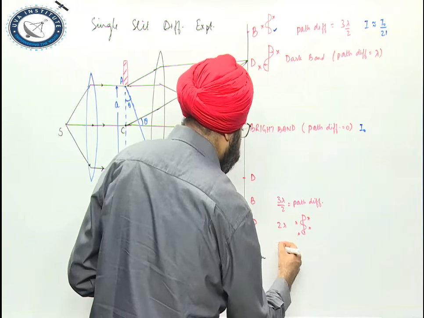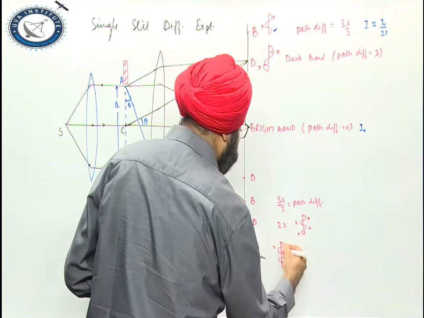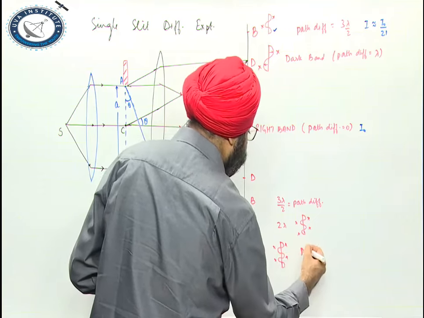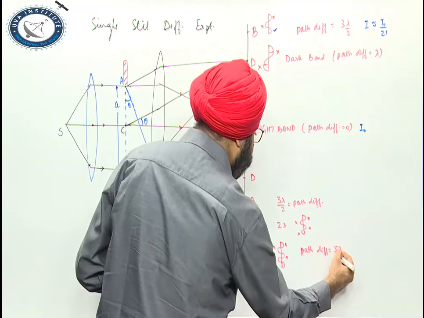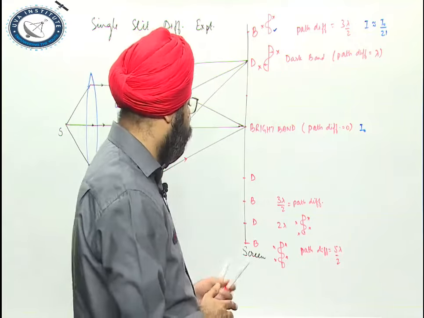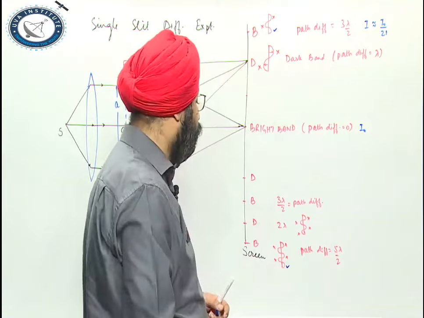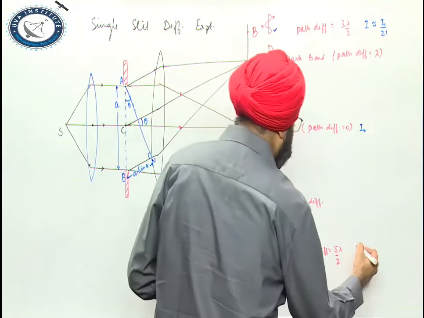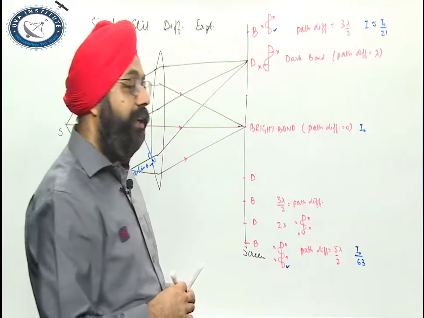Now this is a bright band. Here path difference is 5 lambda by 2, 2.5 lambda. So 2 troughs and 2 crests are cancelled out, and the intensity is only due to this part, which is again approximately I naught by 63, again very less.